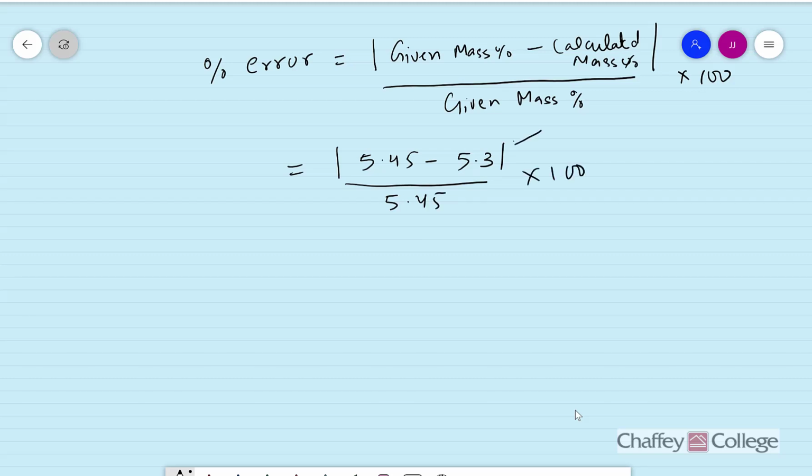100. The meaning of these lines is that we are going to use the absolute value. It means even if your answer comes out to be negative, you will ignore the negative value, just take the absolute value. In this case we will get 0.15 divided by 5.45 multiplied by 100, and if you calculate this, then we will obtain percent error to be 2.75%.